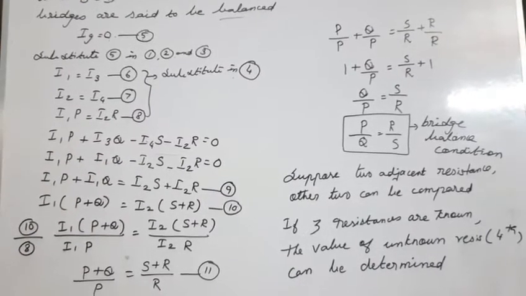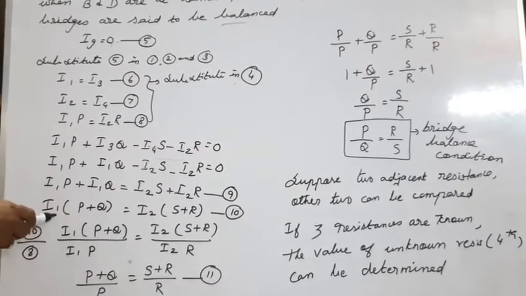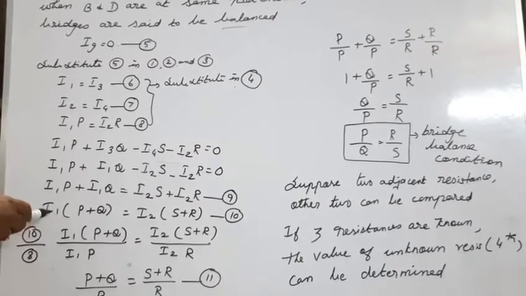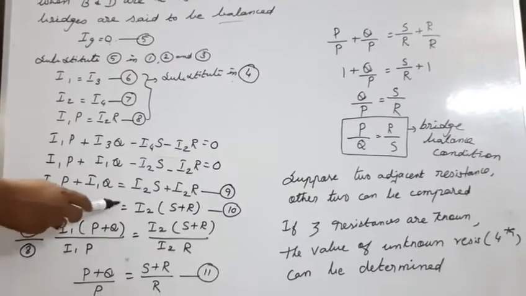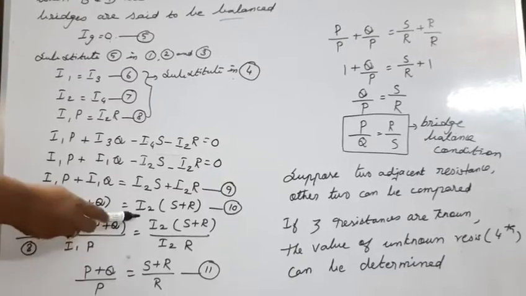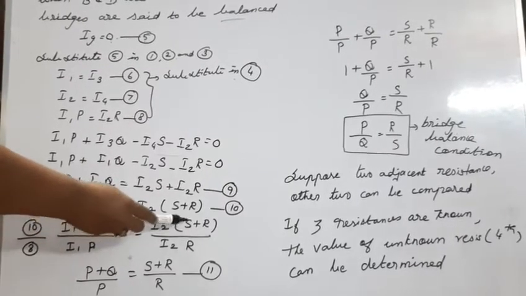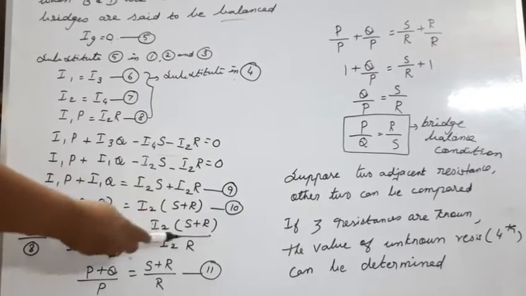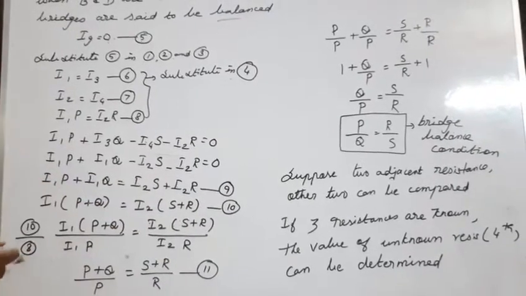Now divide this by equation 8. Therefore I1 (P plus Q) divided by I1P equals I2 (S plus R) divided by I2R.